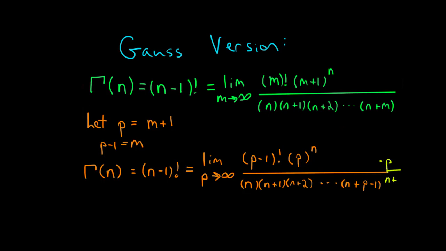And now I'm going to multiply that by p over n plus p. Note that in the limit, as p goes to infinity, p over n plus p just equals 1 for a fixed value of n.